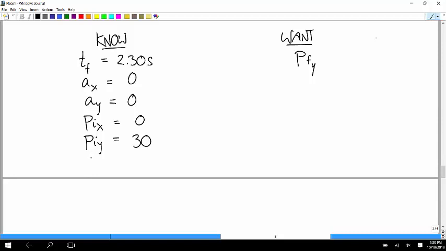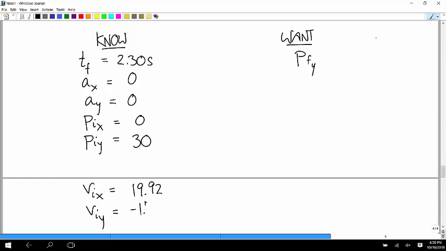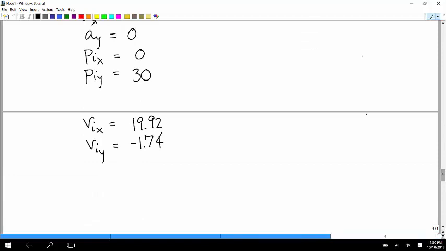And then the initial velocity is the same as for the object. So that's 19.92 for the x component and negative 1.74 for the y component. And we'll say that we don't know the final velocity, even though it's a constant velocity, because just filling that out in this case would make it look like equations work that didn't.